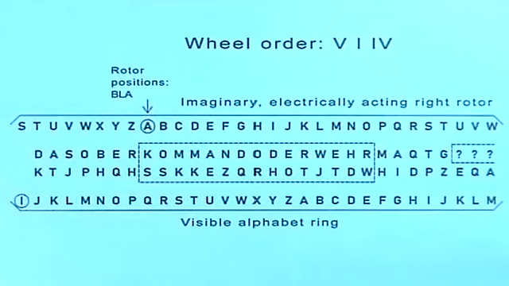But what is needed is the start position of the right rotor on its visible alphabet ring of the entire Enigma message, and not the start position of the right rotor in the crypt. From the notch point, one must follow the positions of the right rotor backwards.